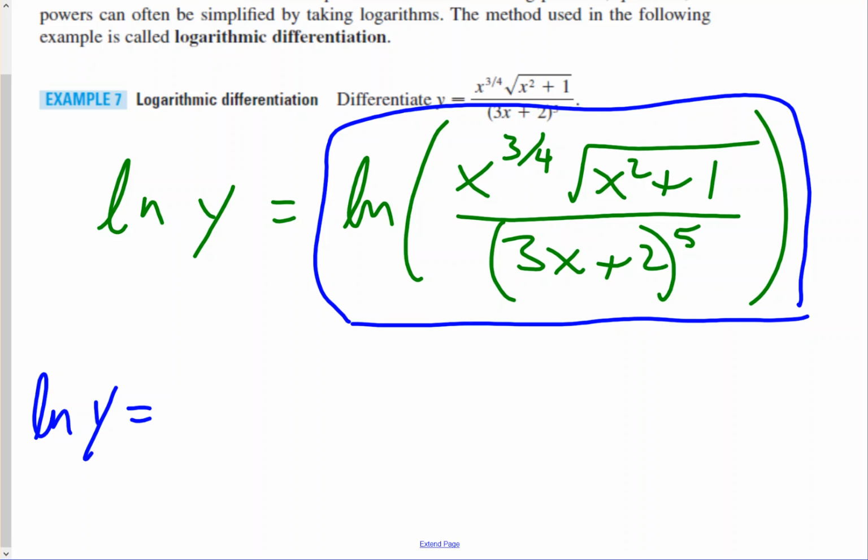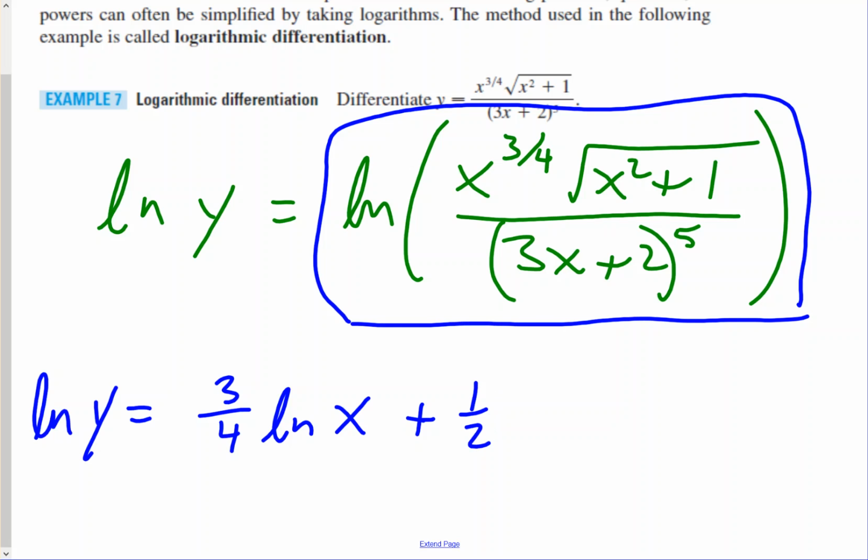Okay, so now when we take the ln of x to the 3/4, we could move the 3/4 in front as one of our properties of the log. So we would have 3/4 ln x. Now the square root would act as a 1/2 exponent, so we could bring that in front.